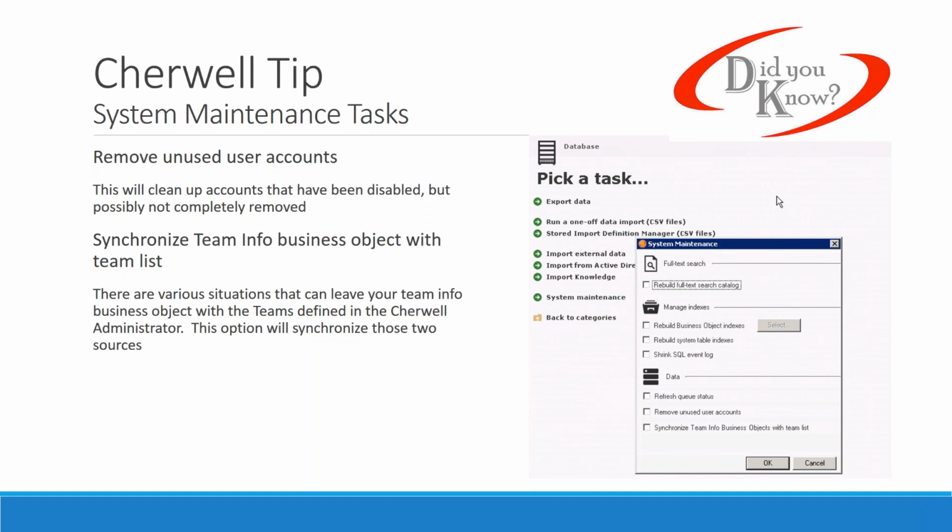And when they did, there are some situations where your team info business object may not be completely in sync with the teams that are defined in the administrator. When that happens, it's very easy. You just come out here to your database and system maintenance, click synchronize team info business objects, and click OK. And then that will actually refresh and build those two lists.